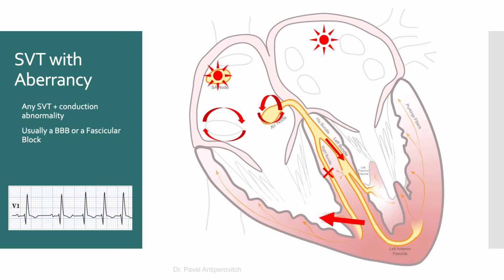Because the conduction comes down to the left ventricle, undergoes transseptal conduction to the right, which produces a wide QRS. The key mechanistic feature of SVT with aberrancy is that it's driven by the atria. The ventricles are just passively activated by the atria. This is unlike VT, where the ventricles are dominant and drive the atrial rhythm.